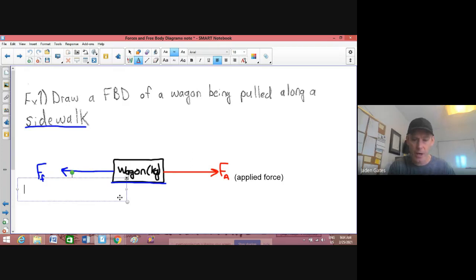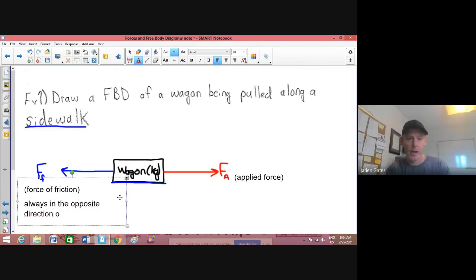So again, that would be our force of friction. And the key here with the force of friction is it's always in the opposite direction of F of A. If F of A is to the right, F of F is to the left.